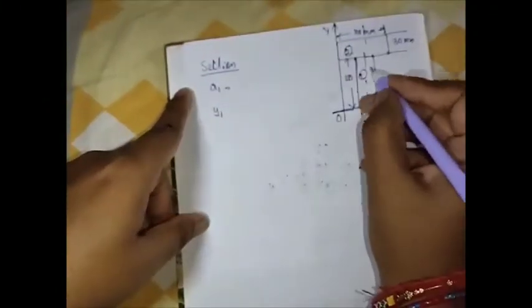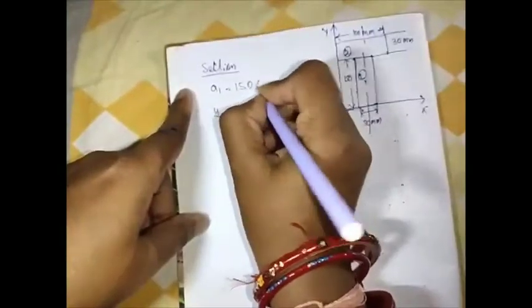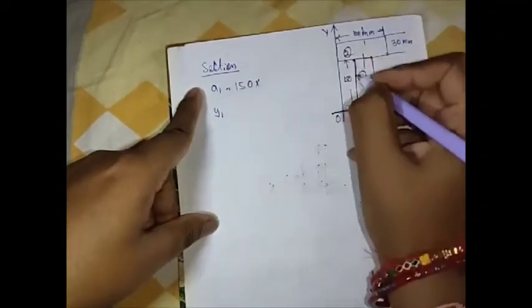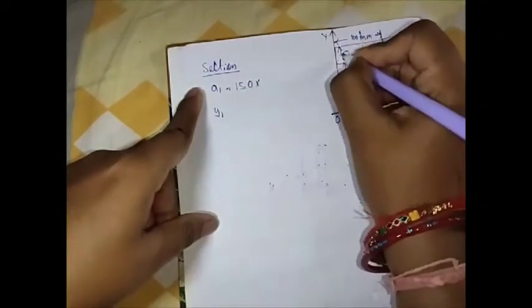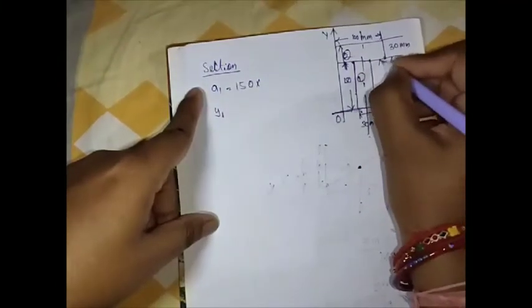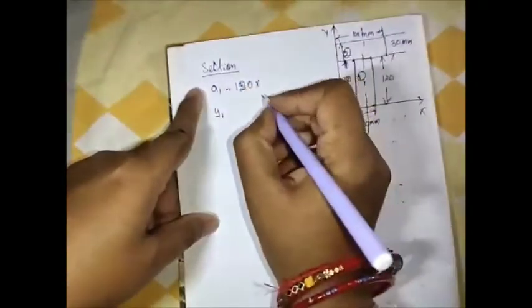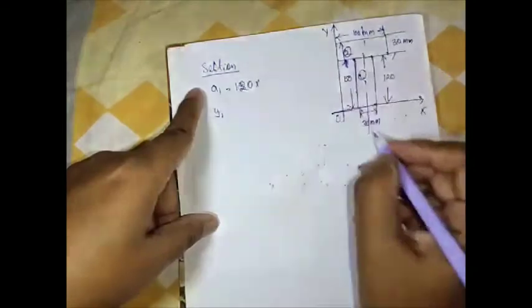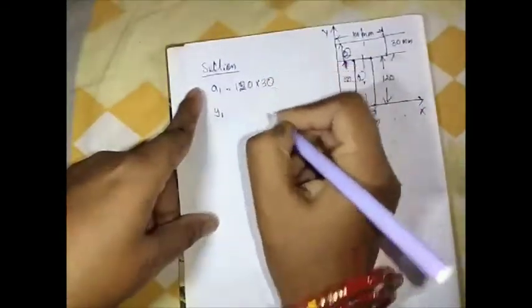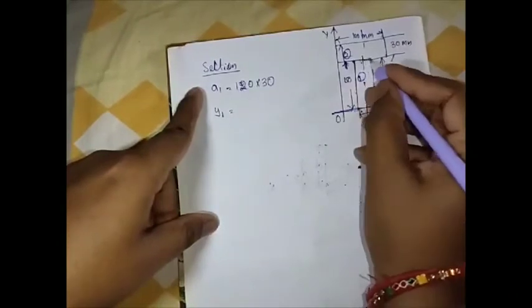What is a1? This is the area of this figure, 120 into 30, with the total height 150.